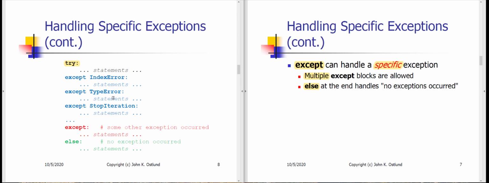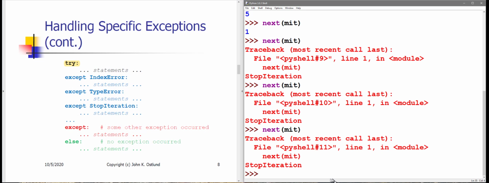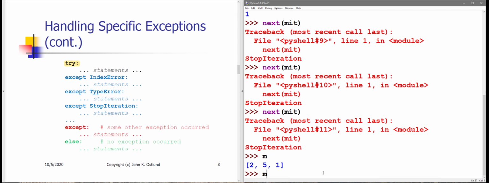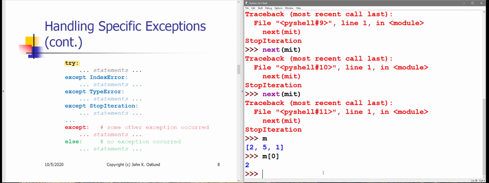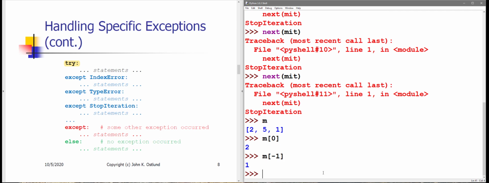Another problem that we might encounter would be a TypeError. That would be the case if we attempted to access an item in a list by using a floating point index. This is a frustrating thing that you will sometimes trip over. Let me pull up my interface here. So I still have m. If I say m sub 0, all is well. If I say m sub minus 1, all is well.